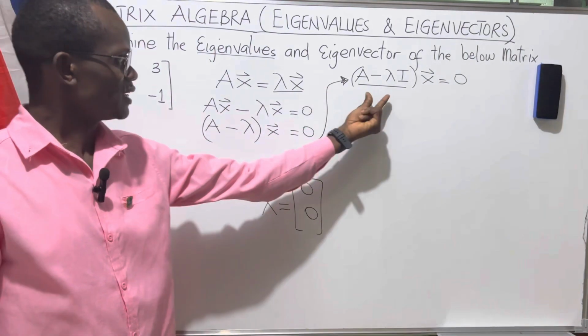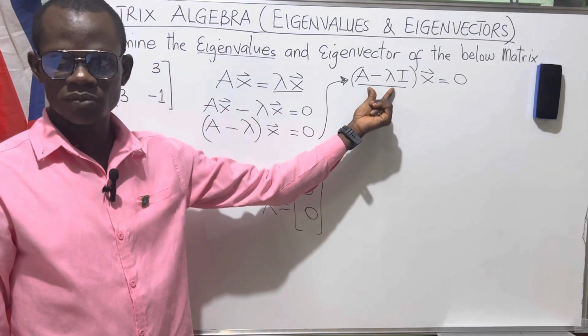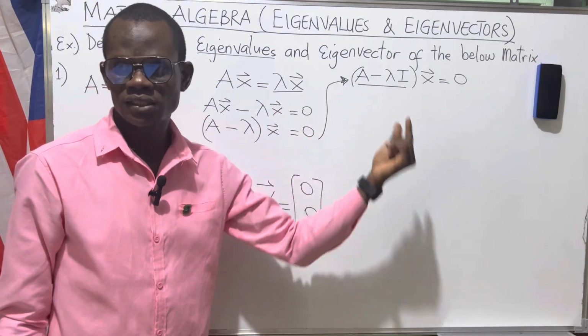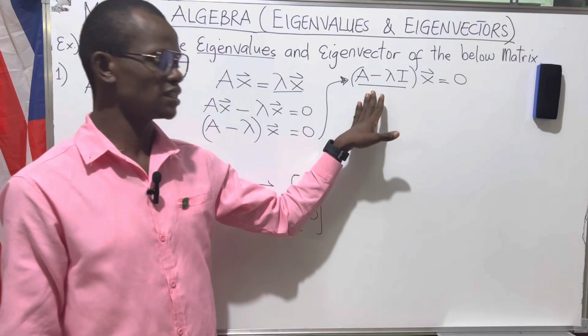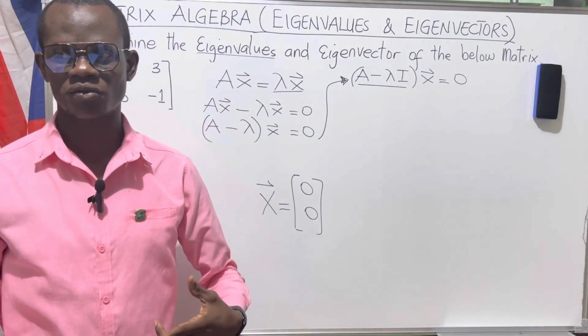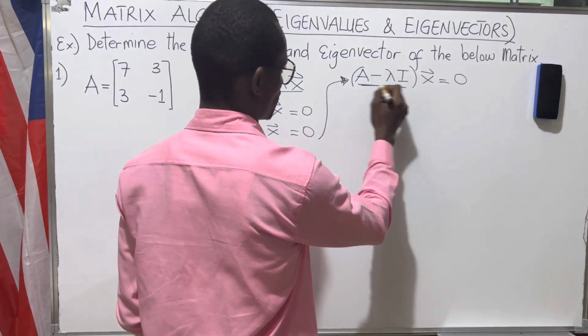So if this matrix gives a non-trivial solution, then it also implies that this matrix is not invertible, and when a matrix is not invertible, the determinant of that matrix is equal to 0. So we can find the determinant of this matrix right here.